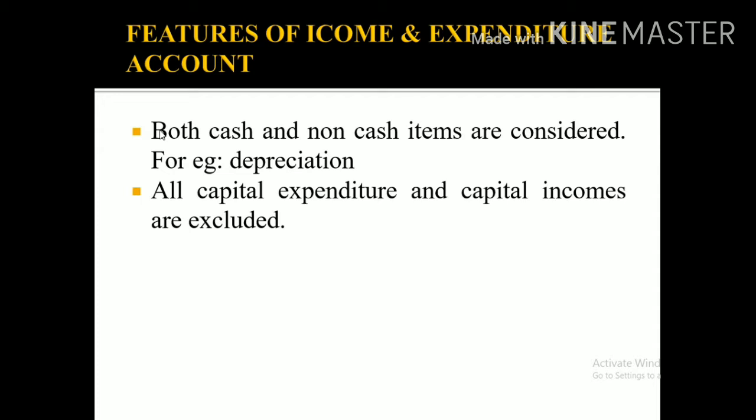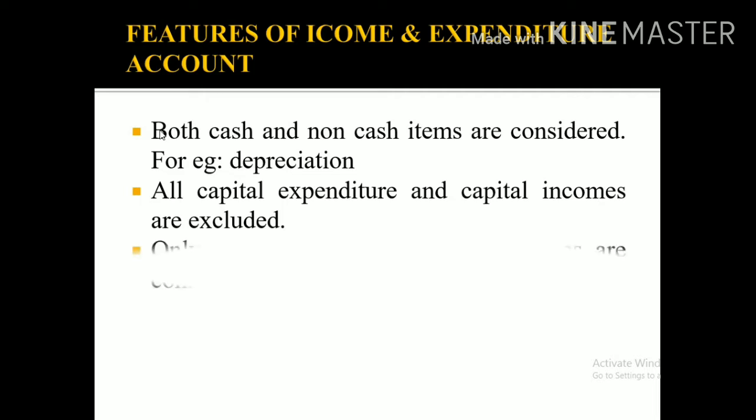However, income and expenditure excludes the capital items; capital expenditure and capital incomes are not recorded. Items like purchase of furniture are included in the receipts and payment account, but will be excluded from the income and expenditure account. It is not a revenue expense and will not appear in the income and expenditure account.